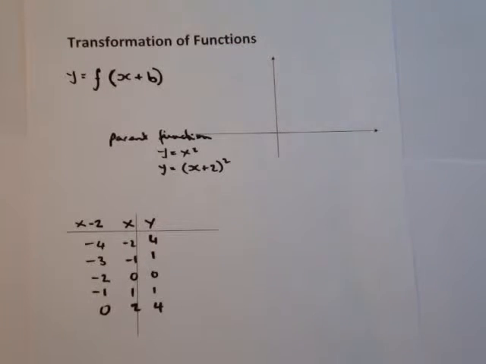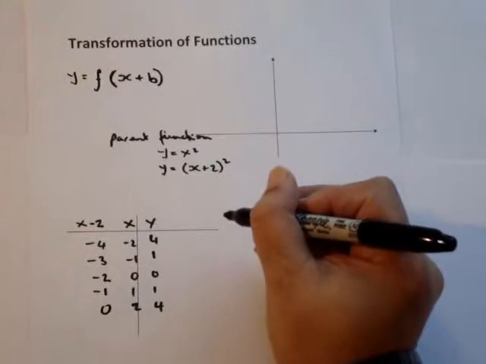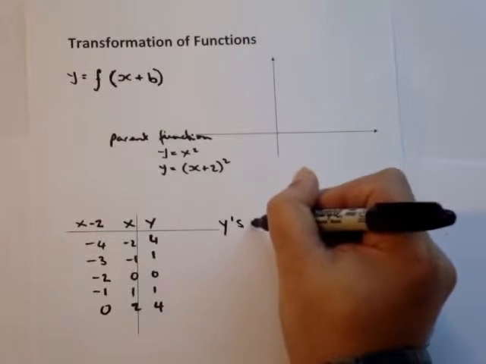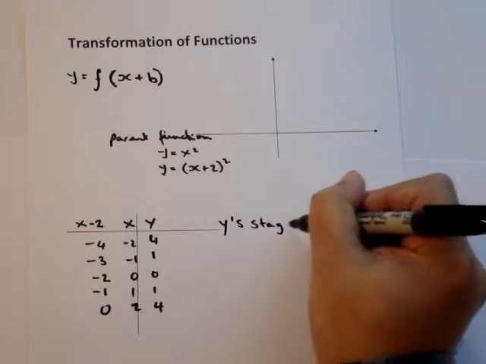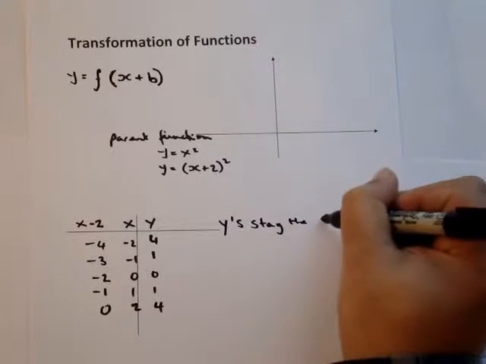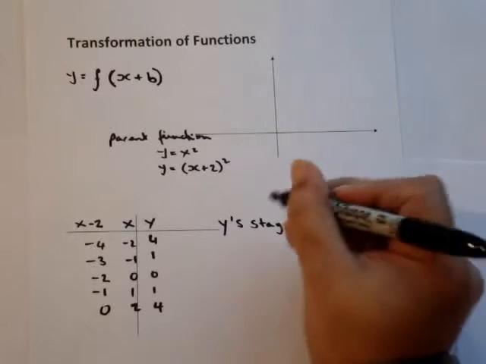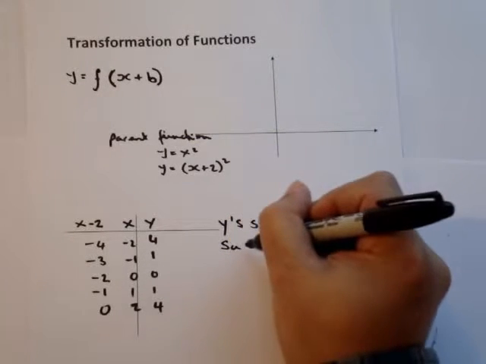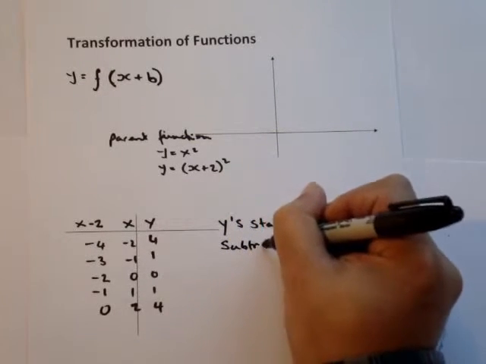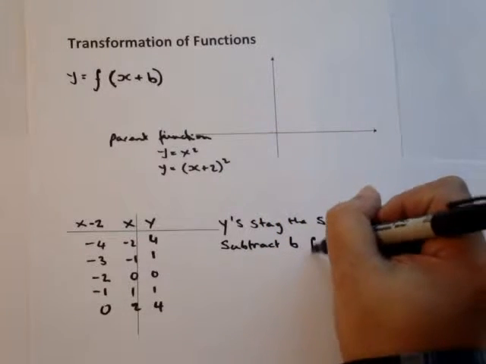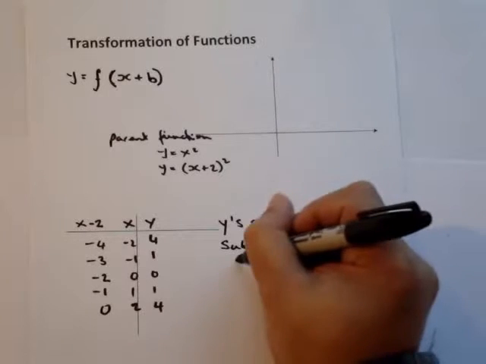So what we're doing here is the y's stay the same, and we subtract b from the x values.